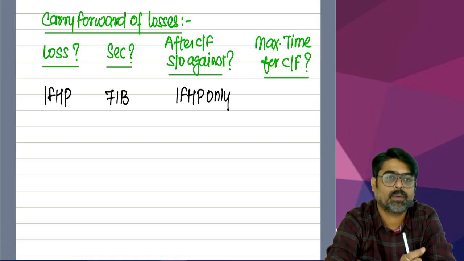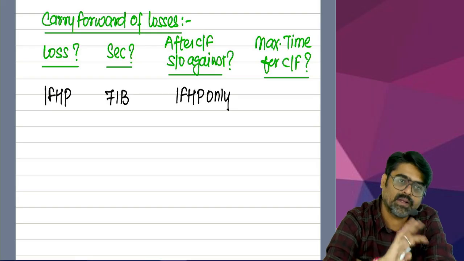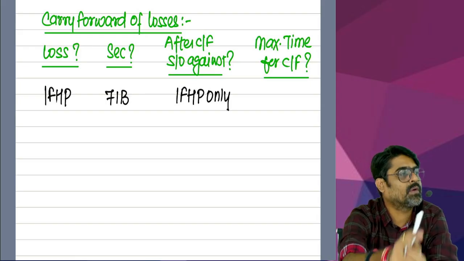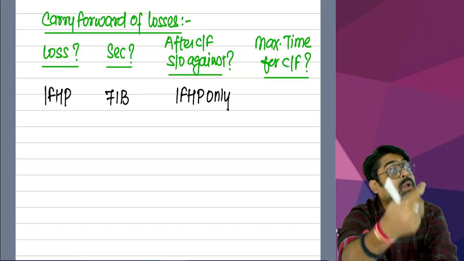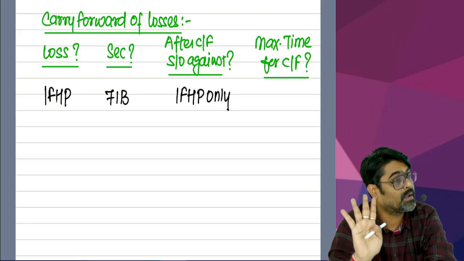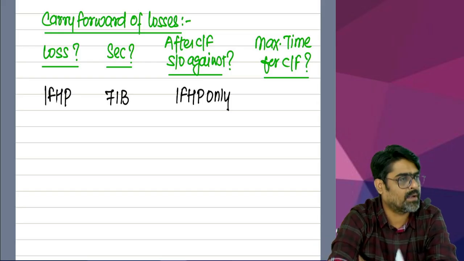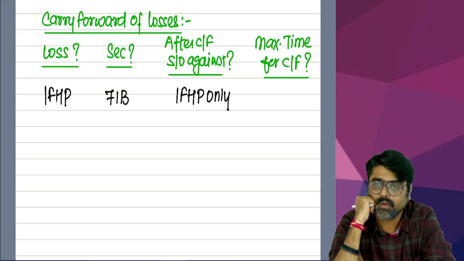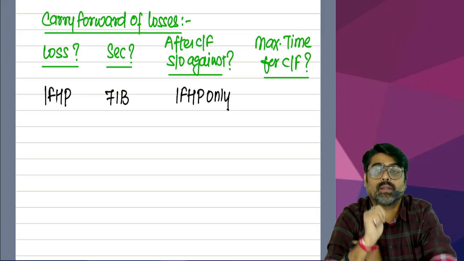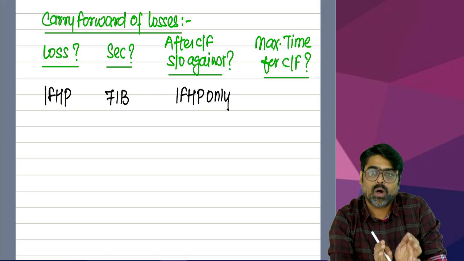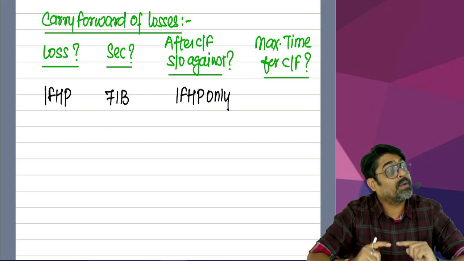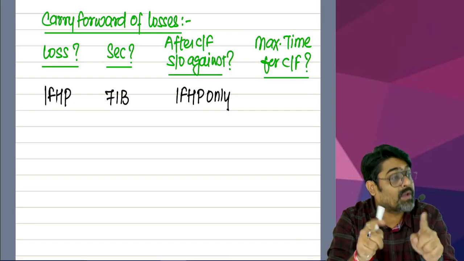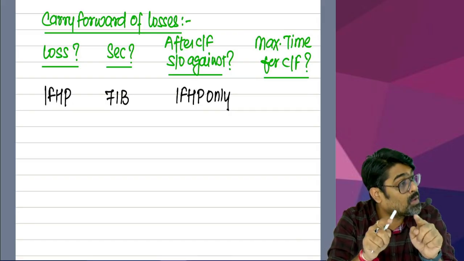So this year's house property loss cannot be set off in this year. 71B says that it will be carried forward to the next year, and after carry forward it will be allowed as a set off only against house property income. Not necessarily the same house property income, but it can be from any house property. So it is not required that the house property to which the loss relates should be in existence in the year in which you want to set off the loss.